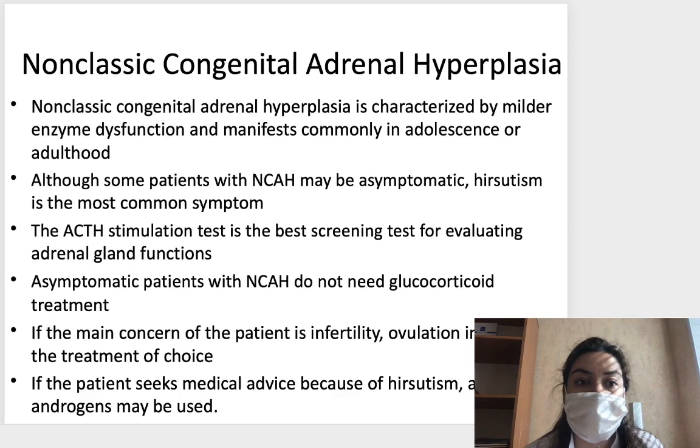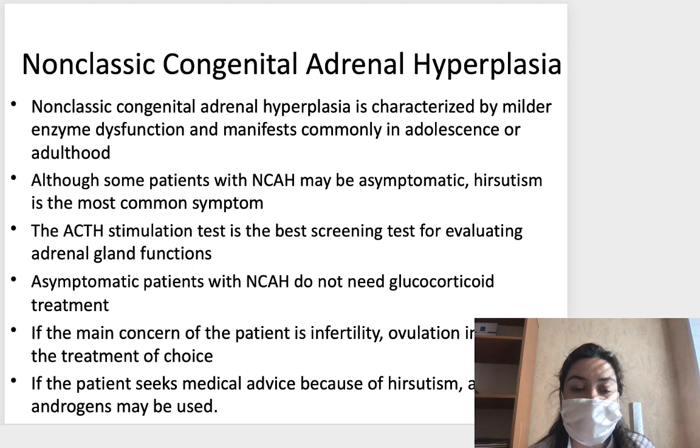Okay, and one other form, non-classic congenital adrenal hyperplasia. Non-classic congenital adrenal hyperplasia is characterized by milder enzyme dysfunction and manifests commonly in adolescence or adulthood.